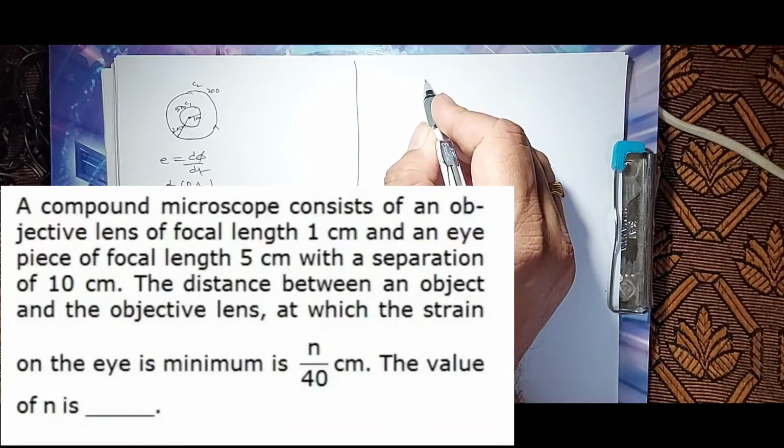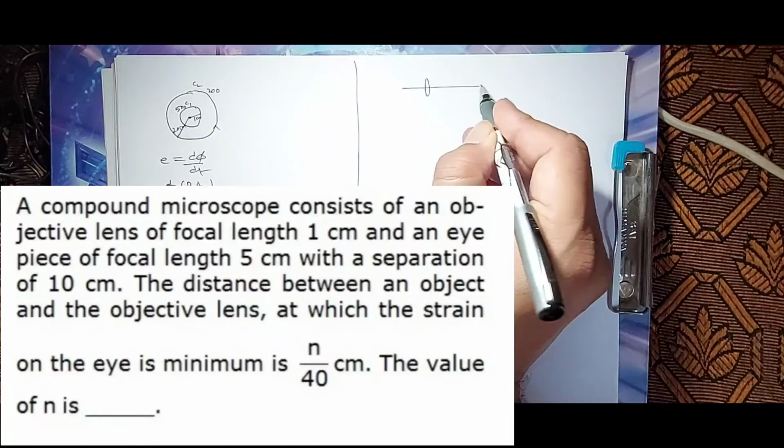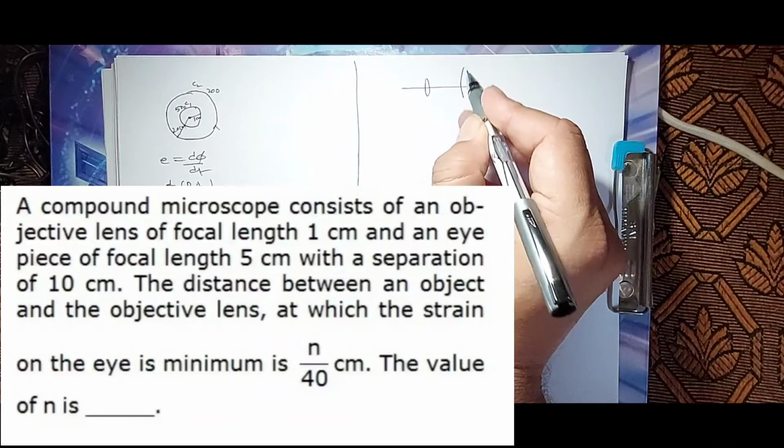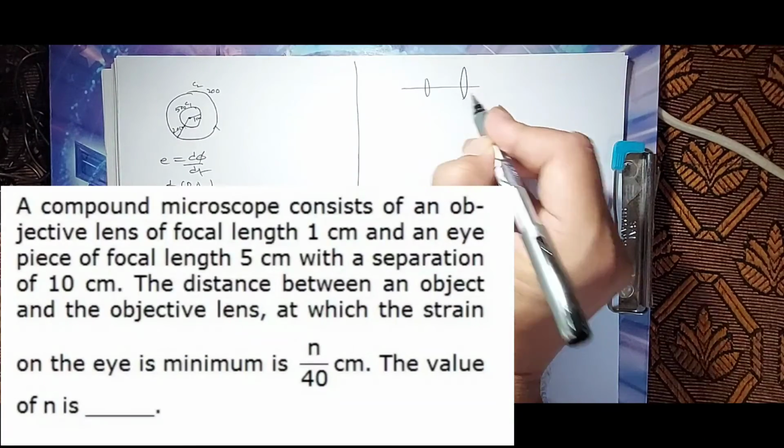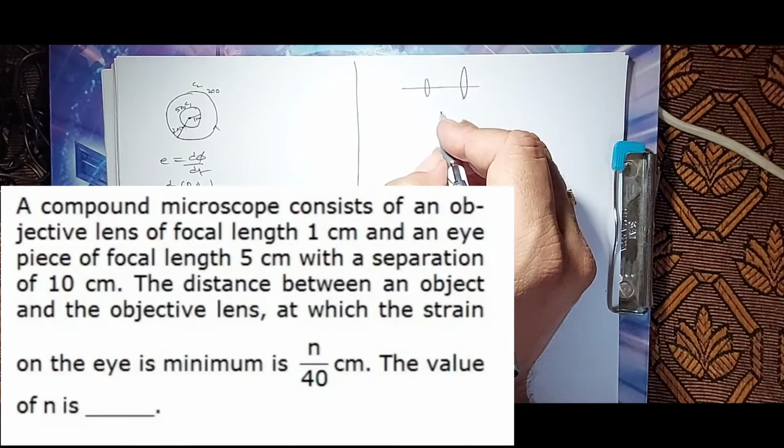So here this is the objective lens, this is the eyepiece. What is given in the problem?